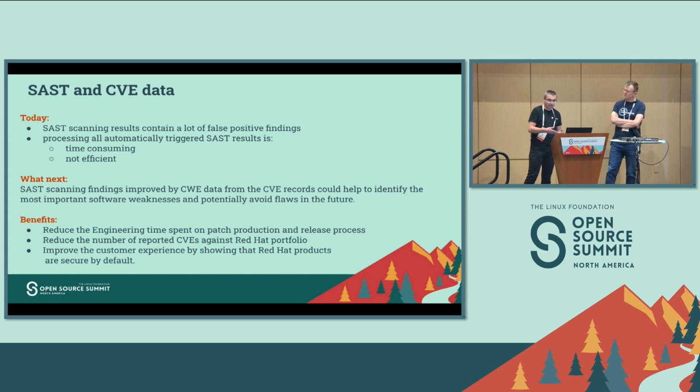Combining them together, we're able to find patterns and improve the weakness remediation suggestions to our engineering folks. By this, engineering teams can focus on the right things, address them, reduce the number of CVEs reported once the product is released, and of course, in the end, we will improve customer satisfaction.